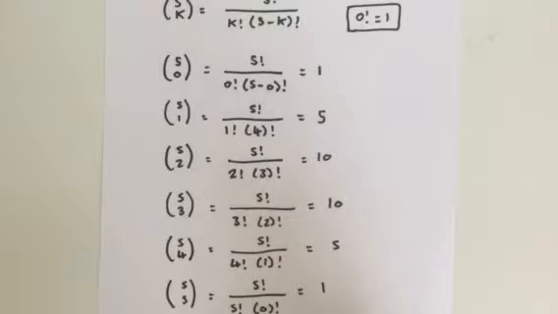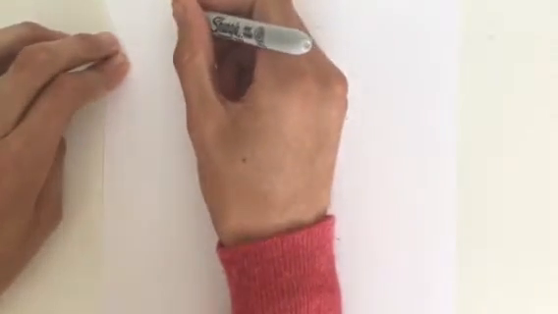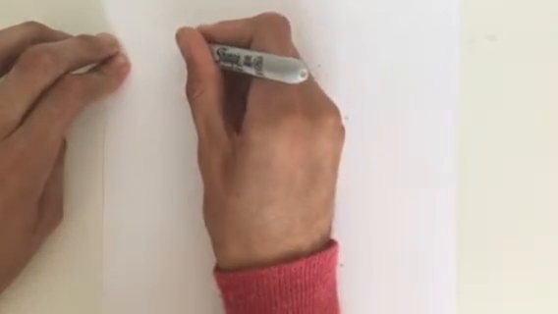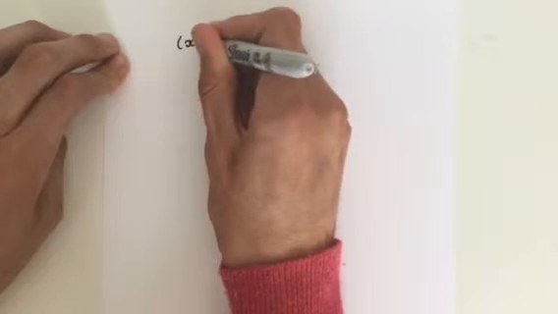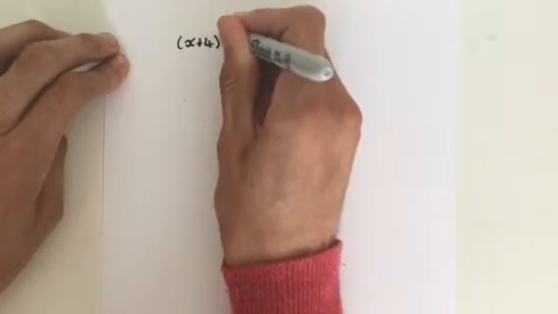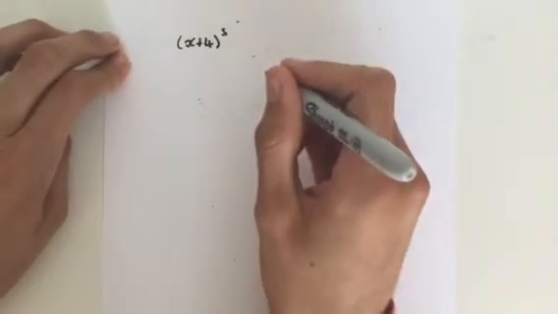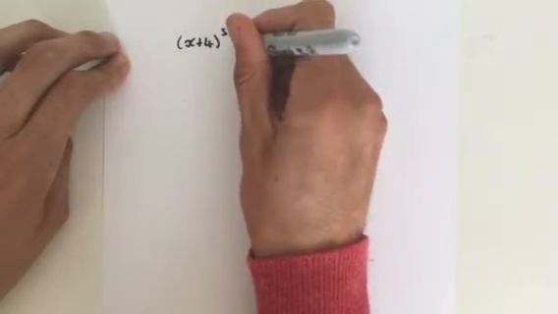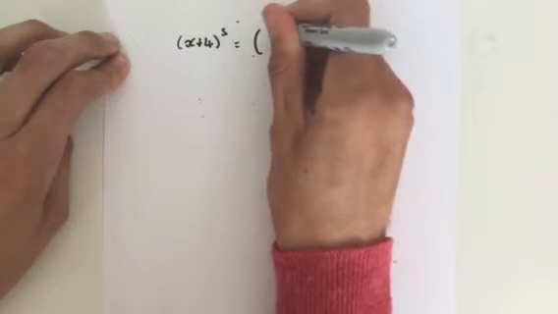So now that we have done that, we can calculate the rest of the sum. So x plus 4, sorry, to the power of 5 is going to equal 5 choose 0.